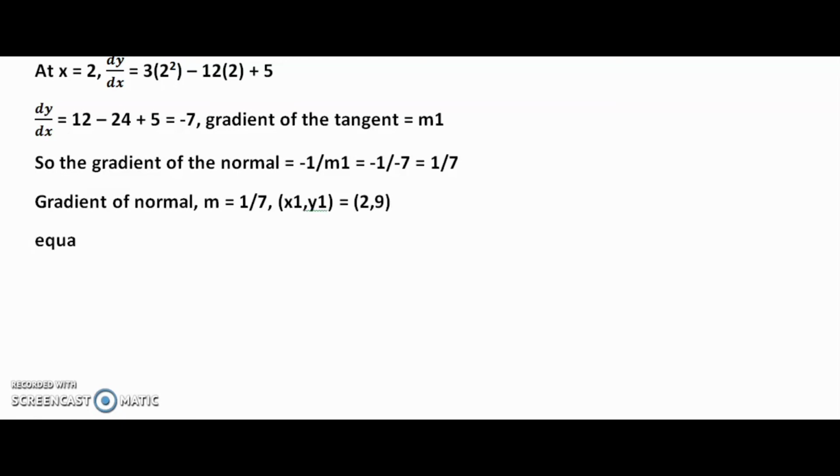So the equation of the normal is y minus y1 is equal to m of x minus x1. That is y minus 9 is equal to 1 by 7 of x minus 2.